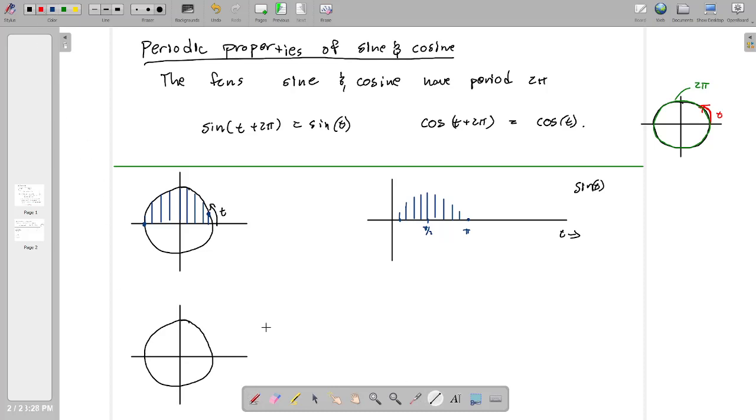Then we start moving into the negative y values. So we have here a negative y value, negative y value, negative y value. And then at 3 pi over 2, we get to negative 1, and then we start shrinking back down.